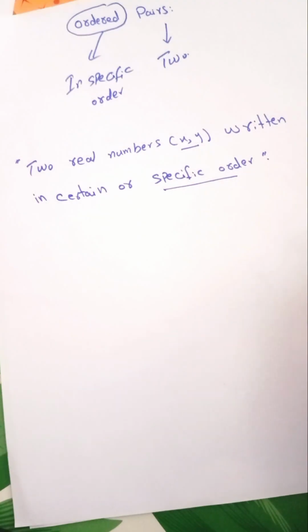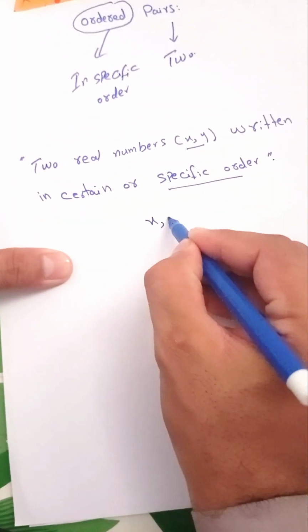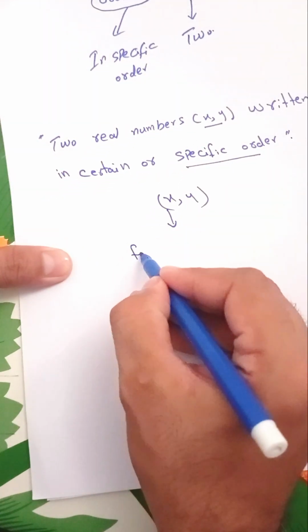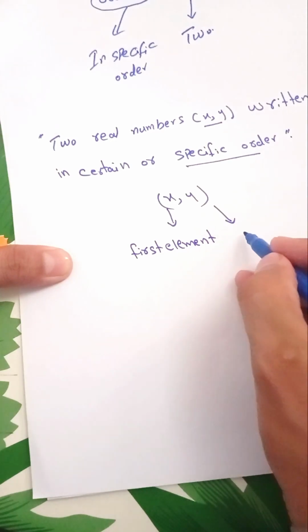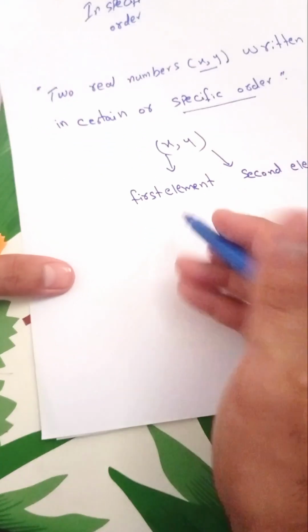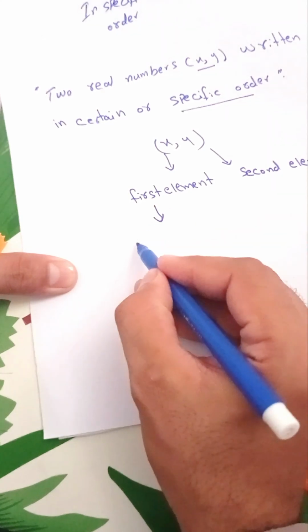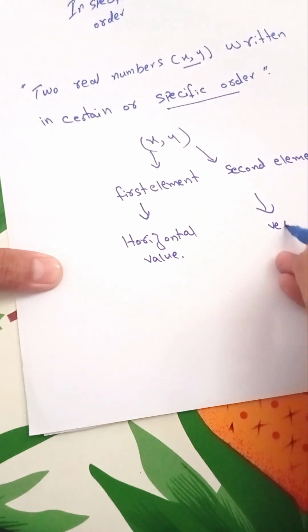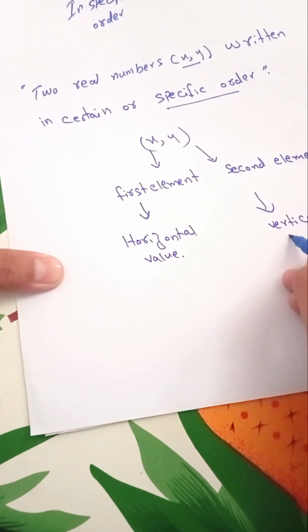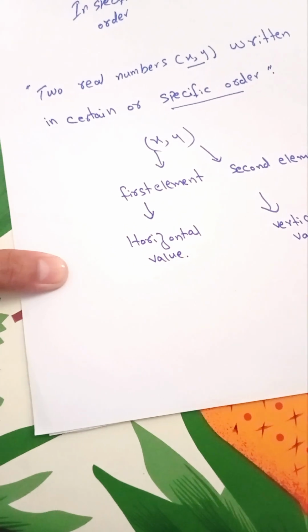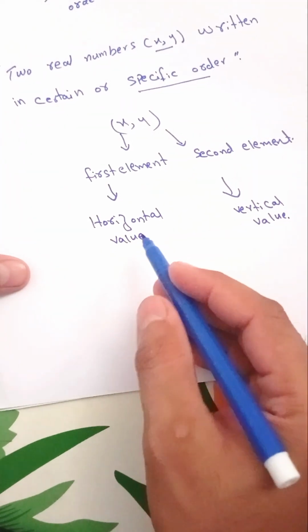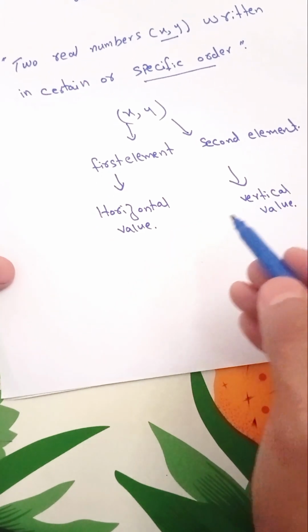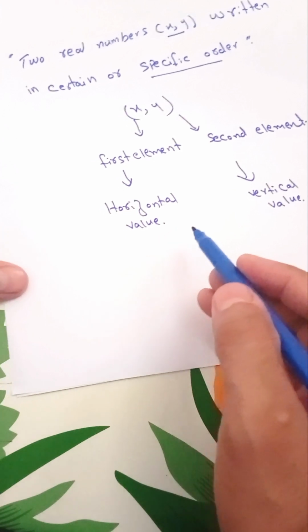First I will introduce what x and y are. X is the first element of the ordered pair and y is the second element of the ordered pair. X is also called the horizontal value and y is also called the vertical value. In the example we will see at which place the horizontal value and the vertical value are, but currently we must know the different names of the elements of ordered pairs.